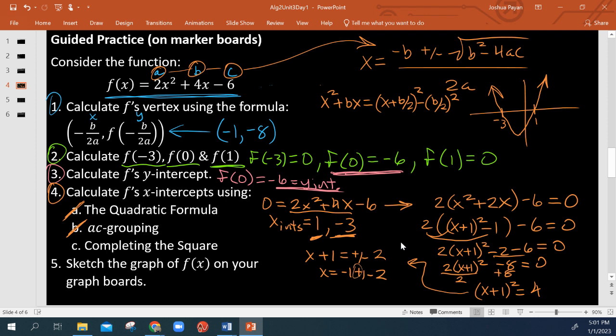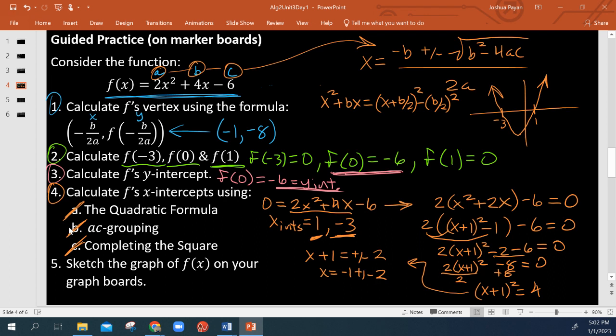Negative 1 plus 2, that gives us the positive 1. Negative 1 minus 2, that gives us the negative 3.